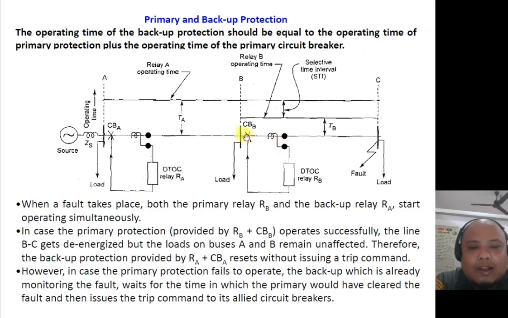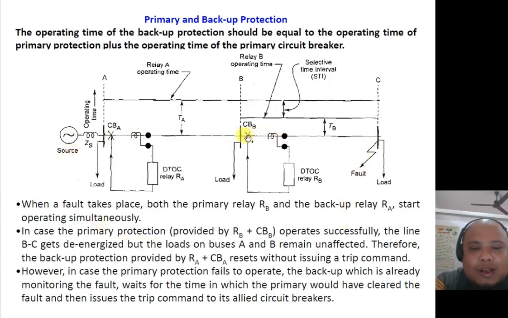Now, as soon as this line is disconnected or de-energized, the fault current will disappear, the fault will disappear. As soon as the fault disappears, the current in this line will go back to normal value. See, as soon as there is a fault, the high current will be flowing from the source via this line to the fault location, to the ground, back to the source, right?